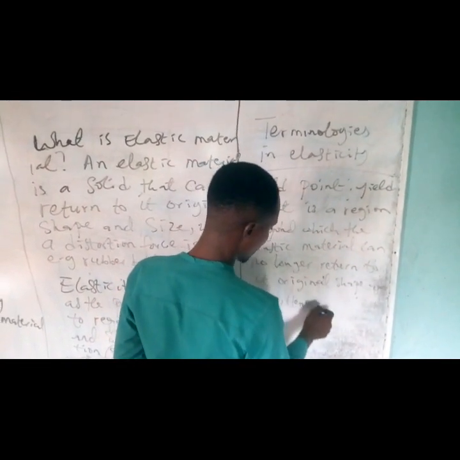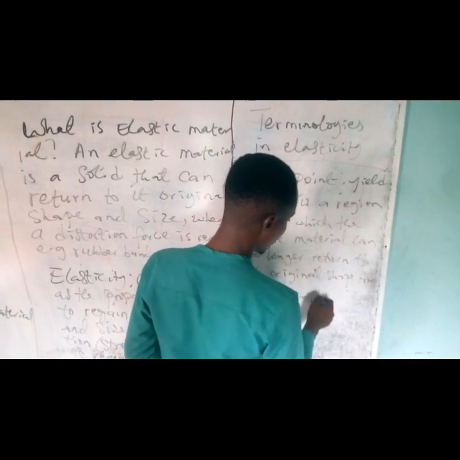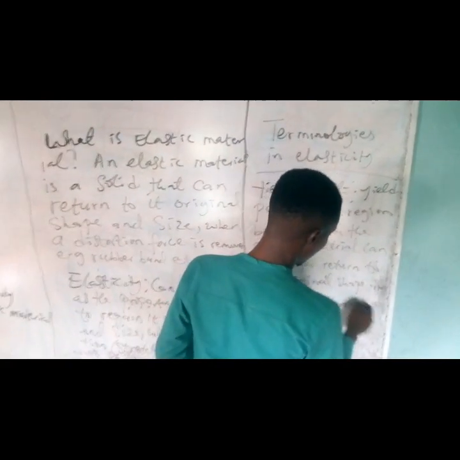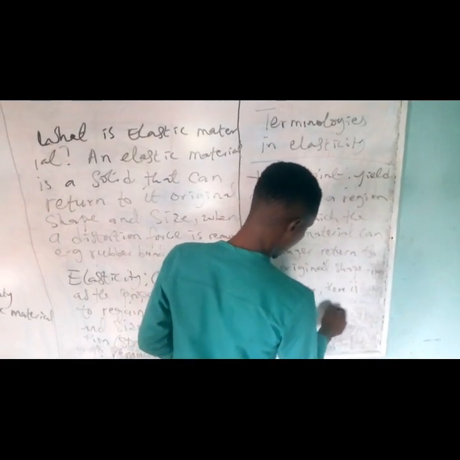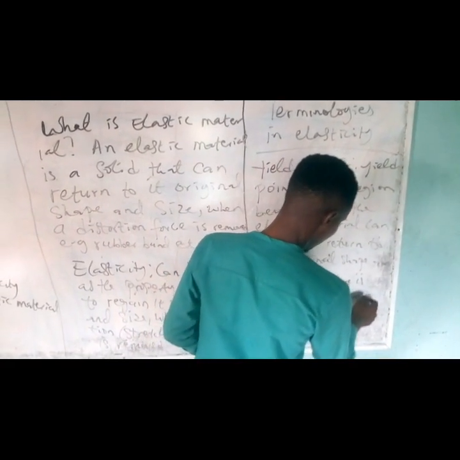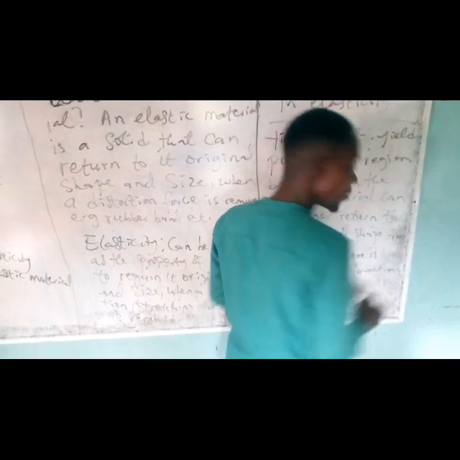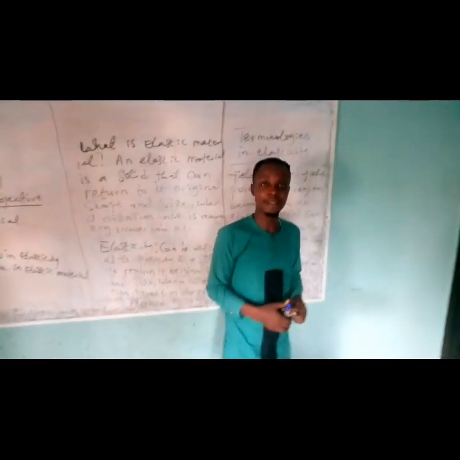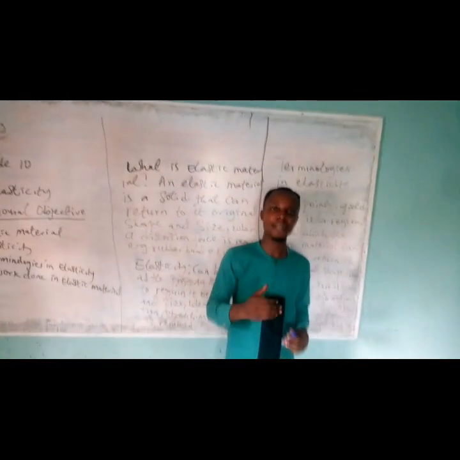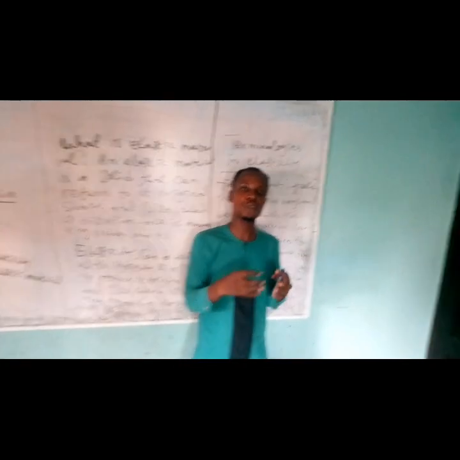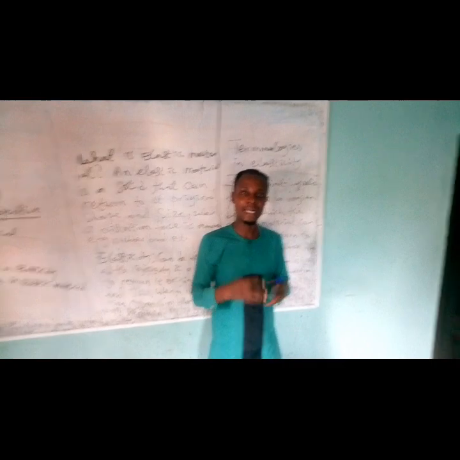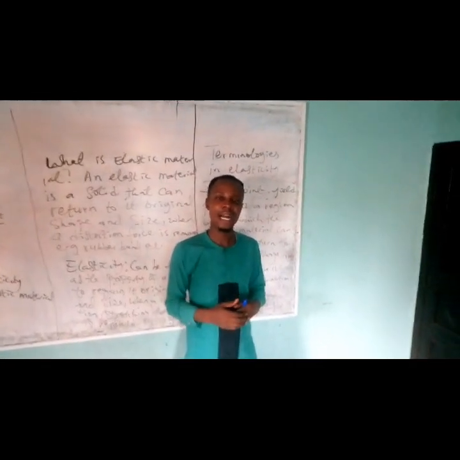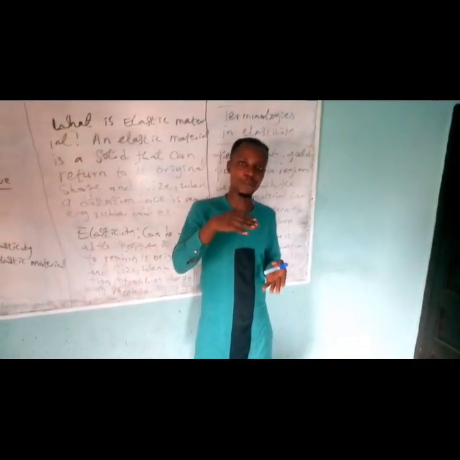Hence, there is a plastic deformation. So when you apply a force on an elastic material and that material can no longer return to its original shape and size, you should know that the material has attained its yield point.